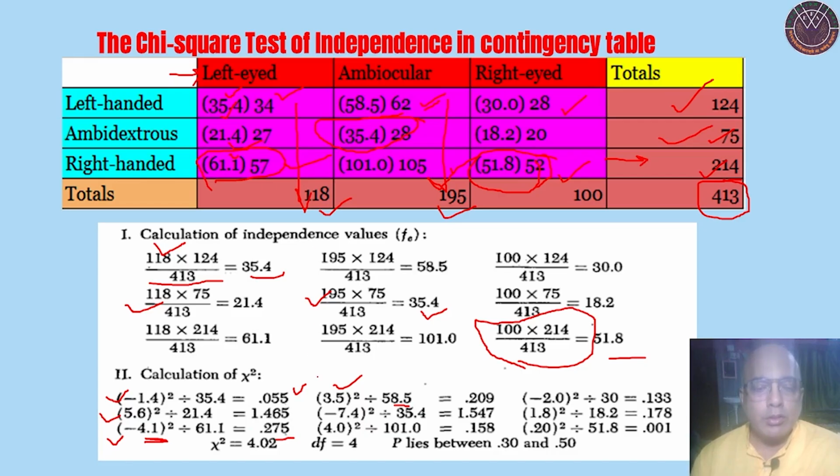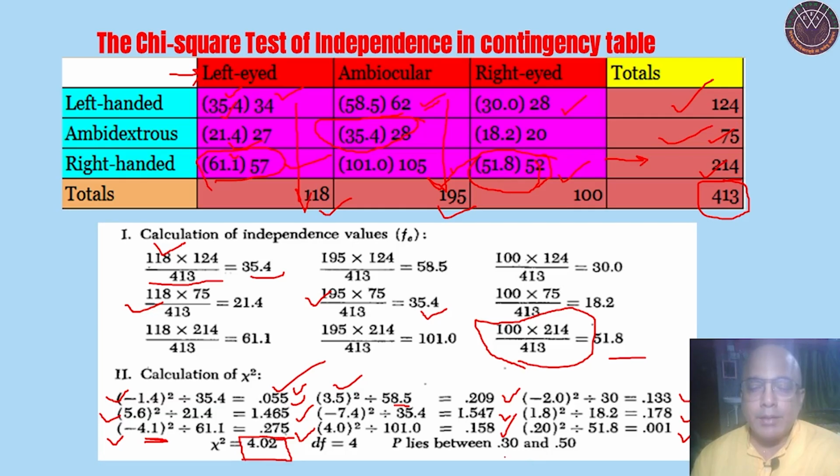Once you have all the values, 0.055, 1.465, 0.275, 0.209, 1.547, 0.158, 0.133, 0.178, 0.001, you add all these nine values, and the calculated chi-square value is 4.02.